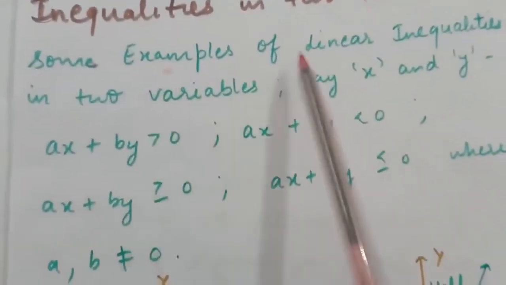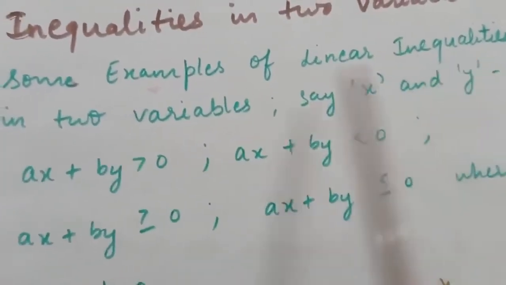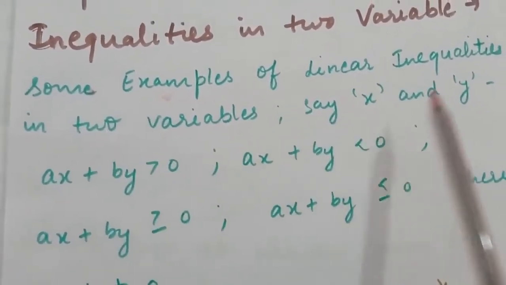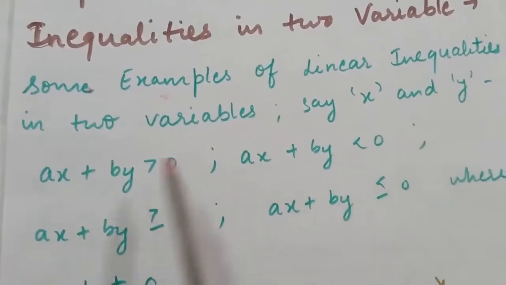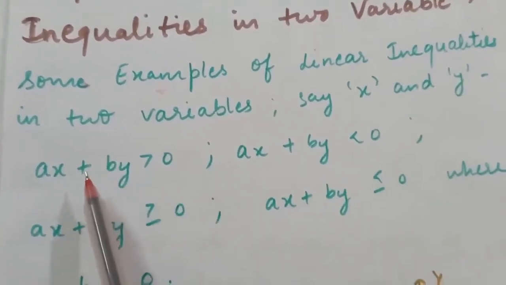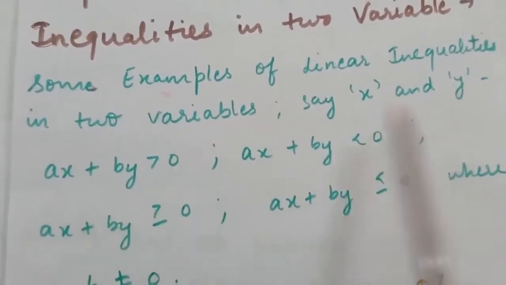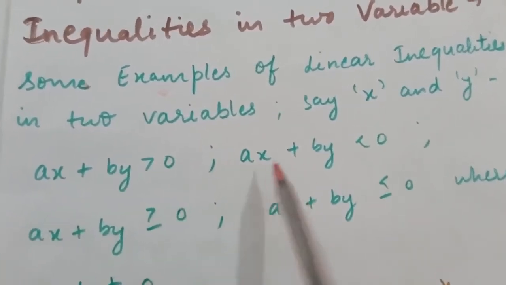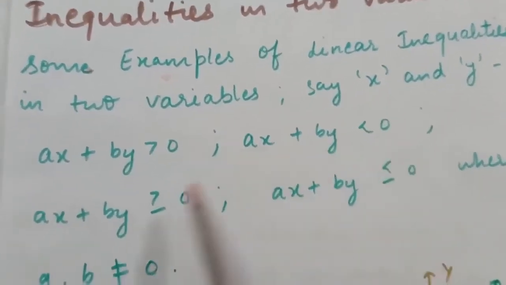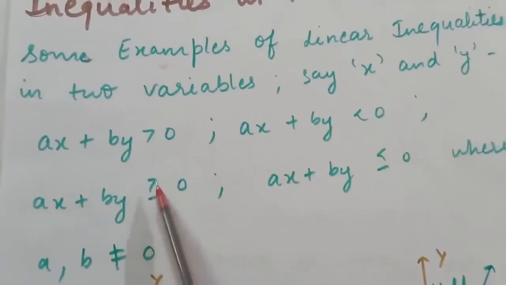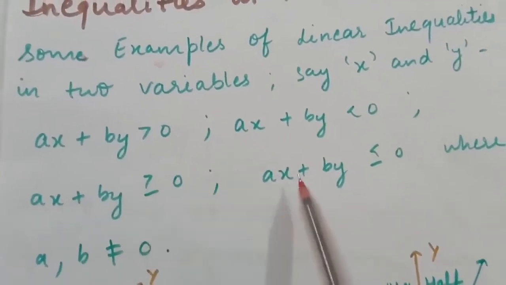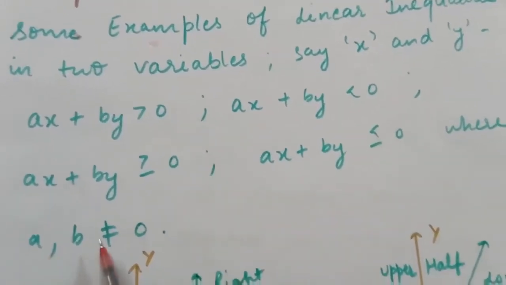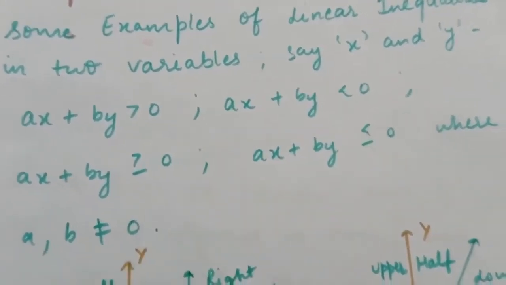Some examples of linear inequalities in two variables, say the variables which I have taken as x and y. The linear inequalities in the two variables x and y can be ax plus by greater than 0, or ax plus by less than 0, ax plus by greater than or equal to 0, or ax plus by less than or equal to 0, where a and b are not equal to 0.